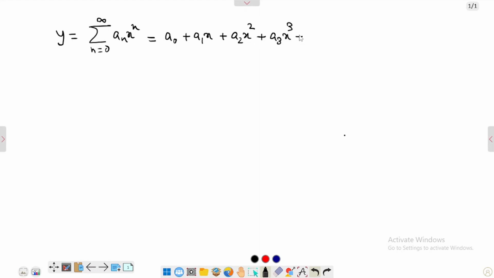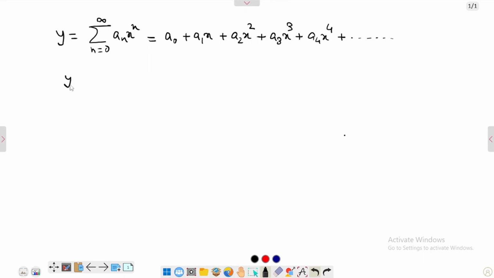Now, the final solution of the series, which we have already set up: we have taken y equal to sum, n equal to 0 to infinity, a_n into x to the power n. That series can be written in the form a0 plus a1 x plus a2 x² plus a3 x³ plus a4 x⁴, and it will keep on going like this.